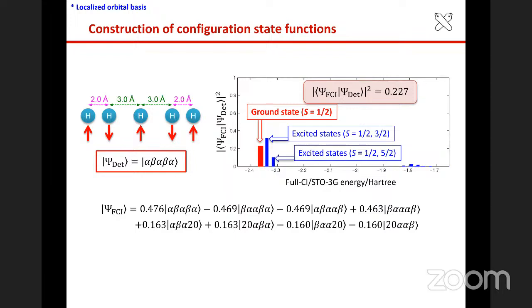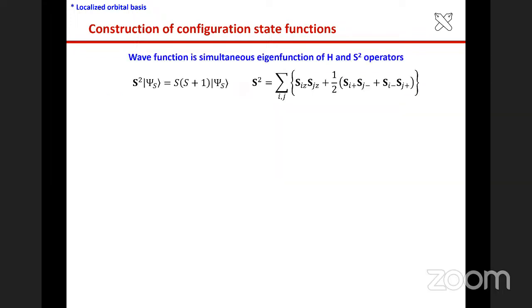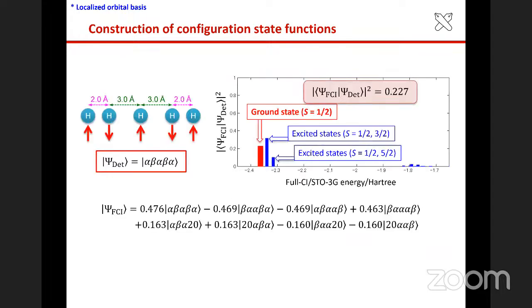This is because the wave function is a simultaneous eigenfunction of the Hamiltonian and the S-square operator. Unfortunately, this single determinant is not an eigenfunction of the S-square operator. Roughly speaking, this is the reason why we obtain a very small probability of obtaining the ground state.